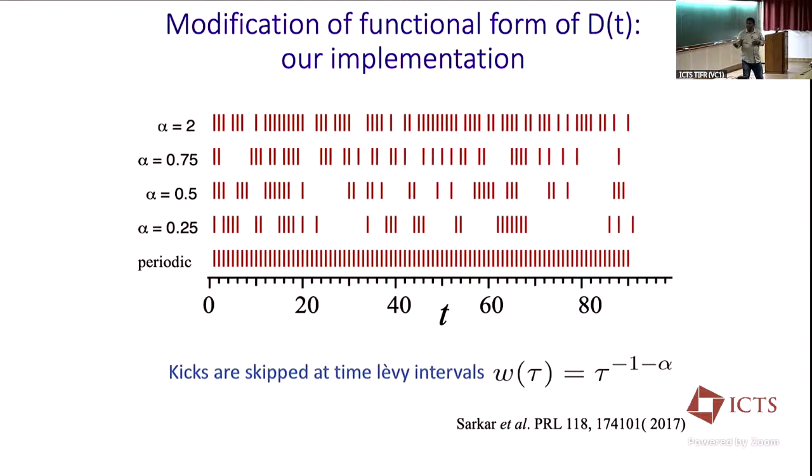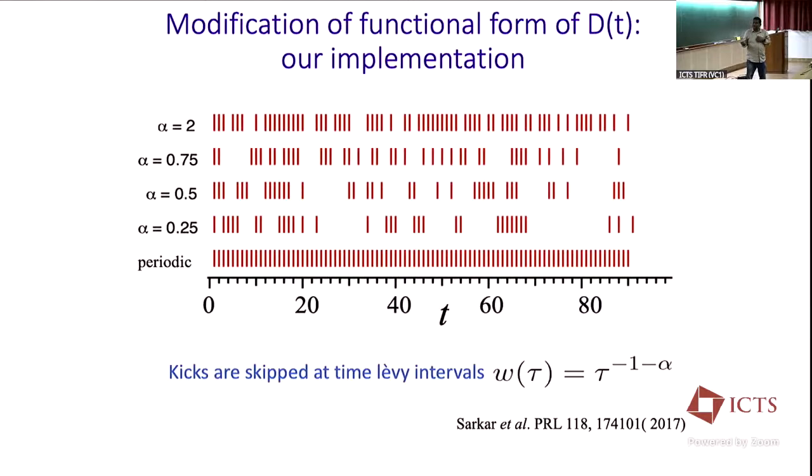But there were some predictions in the past that if you bring in a certain type of noise in the amplitude of these kicks, for example a Levy type of distribution in the amplitudes, then you could make the decoherence follow non-exponential behavior.